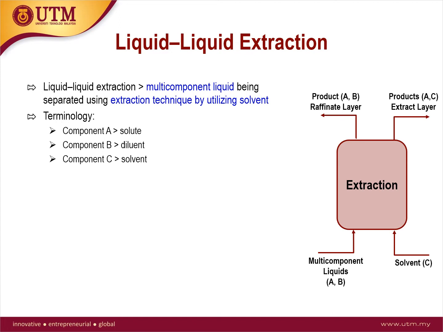For example, once the transfer is complete, the overall system of the chemical components that makes up the solute and the solvents is in a more stable configuration, which has a lower free energy. And the solvent that is enriched with the solute is called the extract layer. You can see here, the extract layer has the products of A and C, being the solvent enriched with the solute.